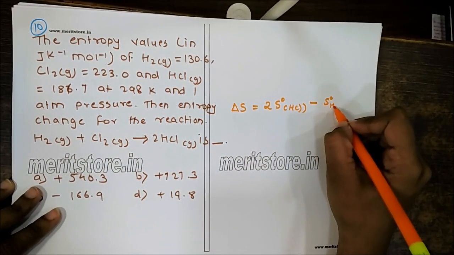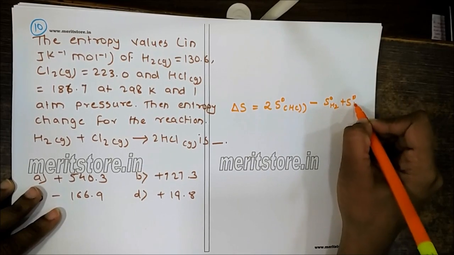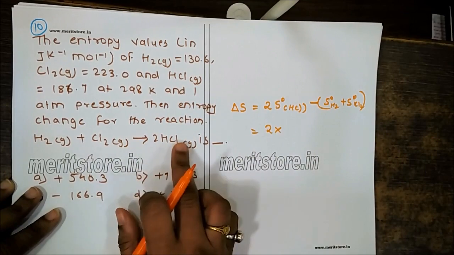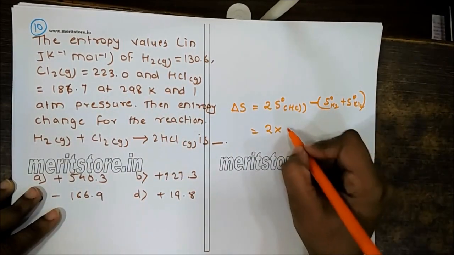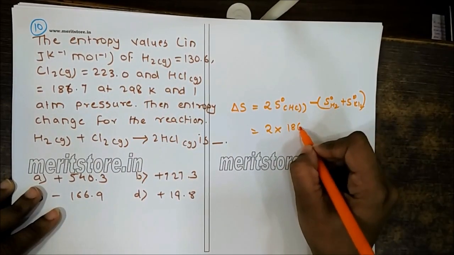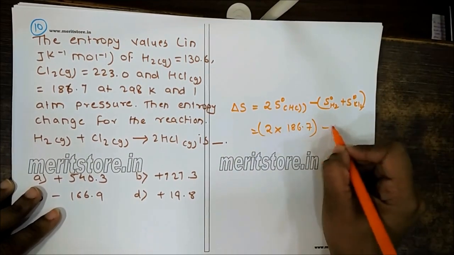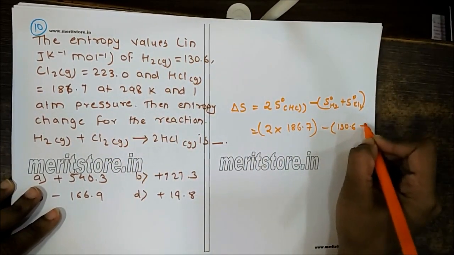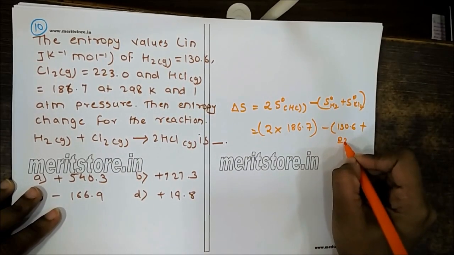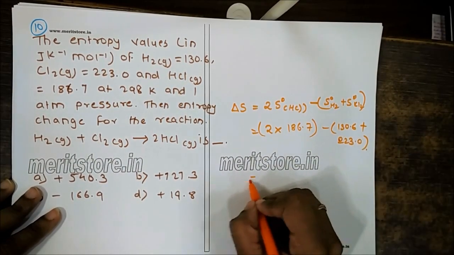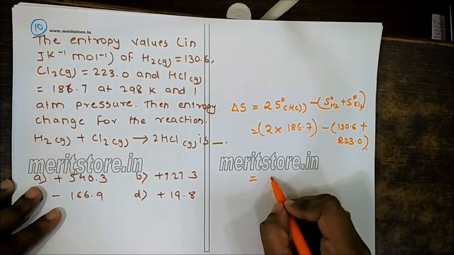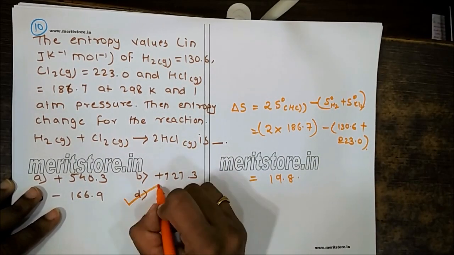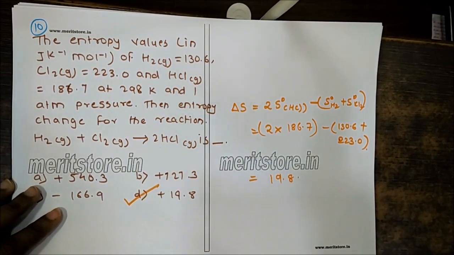So entropy for H2 plus entropy for the chlorine. Now this is twice into the entropy of the HCl, which is given to be 186.7 minus hydrogen is given 130.6 plus this is 223.0. So if you do this calculation, you will get the answer 19.8. So answer is option D.